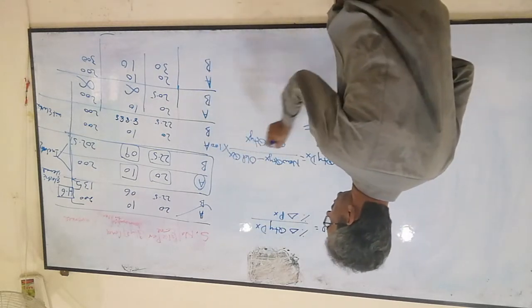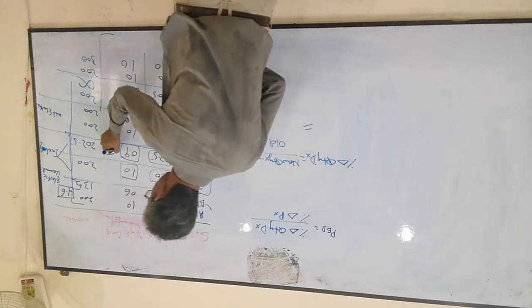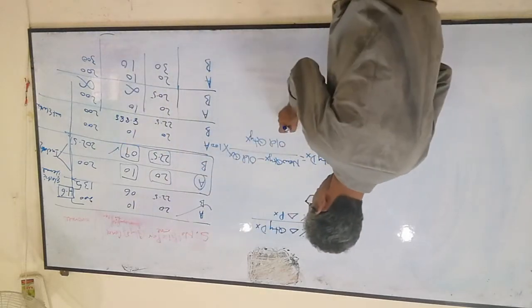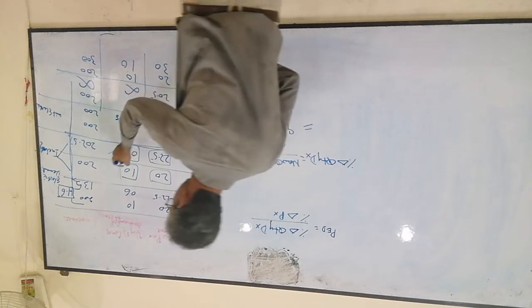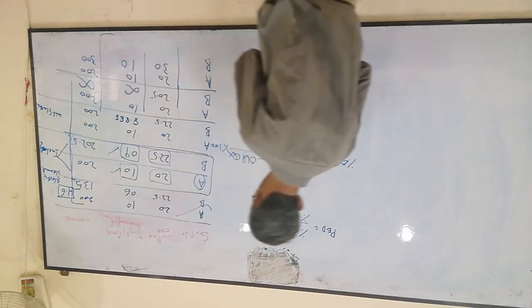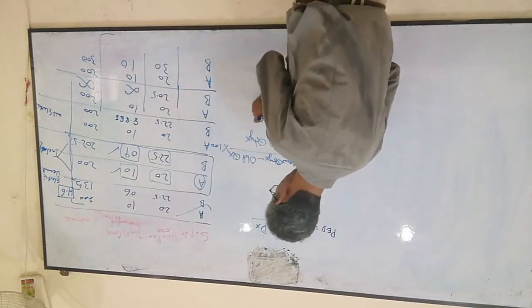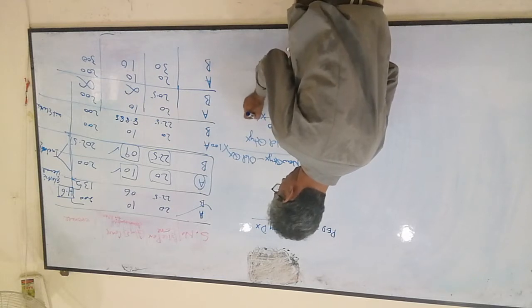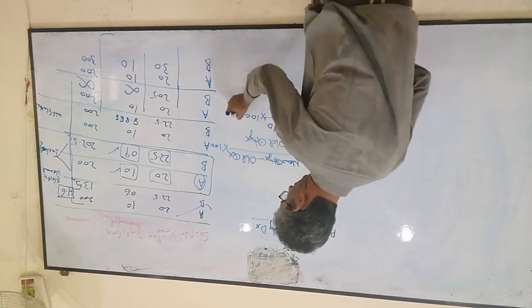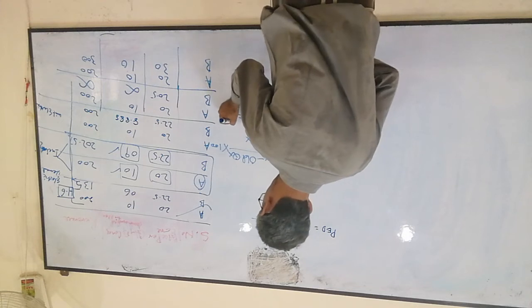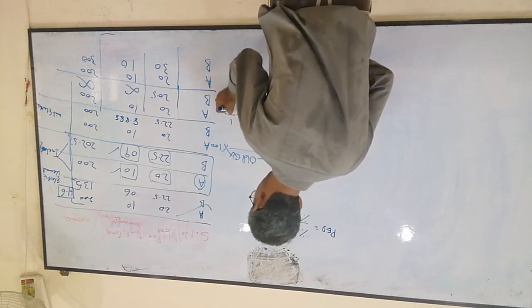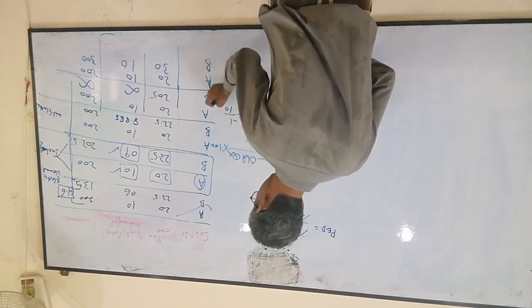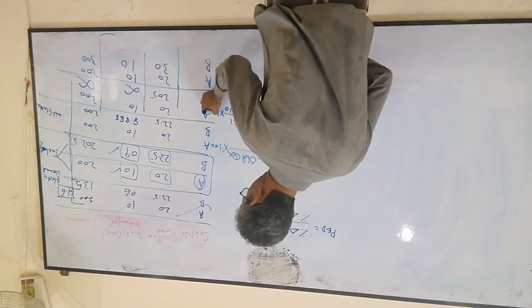So the new quantity here is 9 and the old quantity is 10, divided by 10 into 100, which gives you minus 1 divided by 10 into 100.